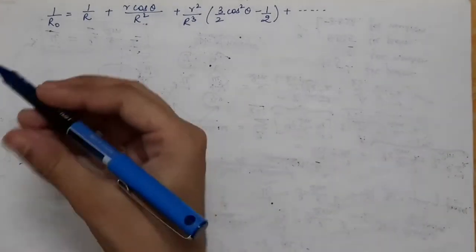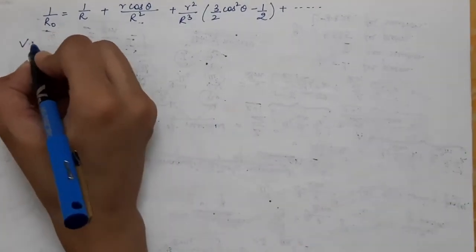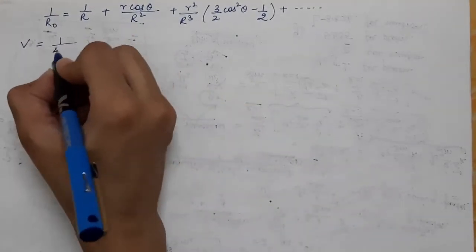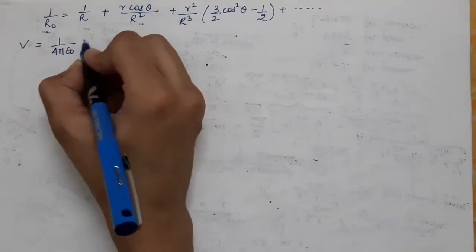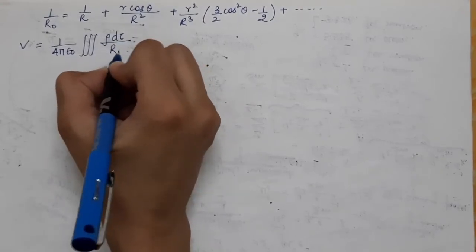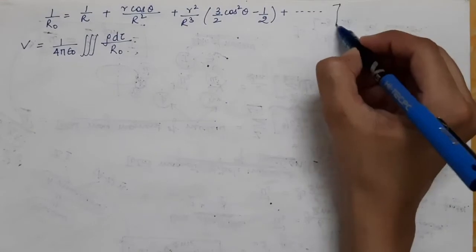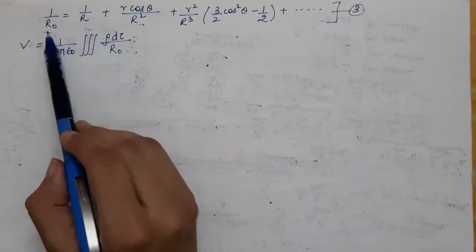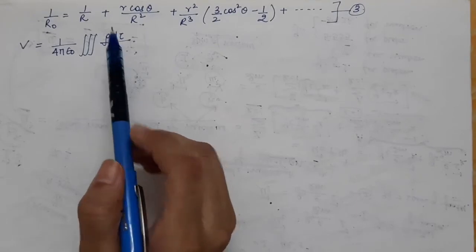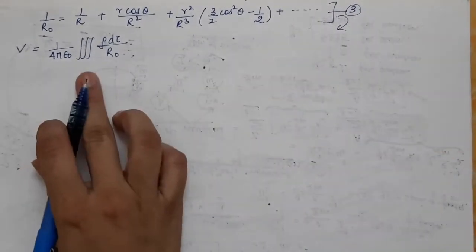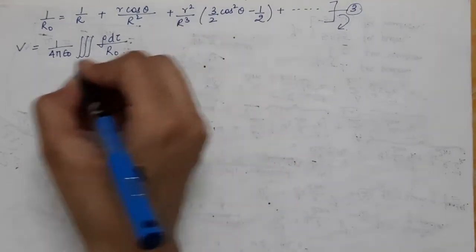Now what we were looking at is the expression for potential. Potential at a particular observation point was equal to 1 by 4 pi epsilon naught integration of rho d tau divided by r naught. Here we have found, in the third equation, the expression for 1 by r naught. So now we will introduce this whole term in the potential.